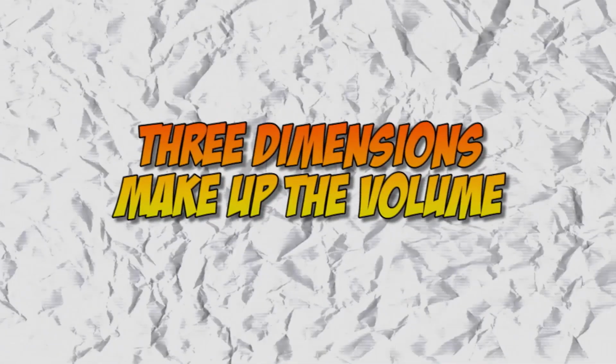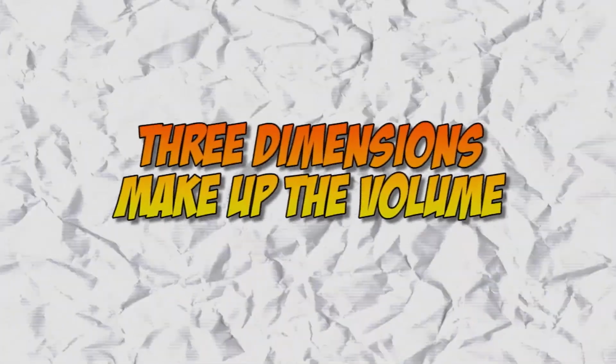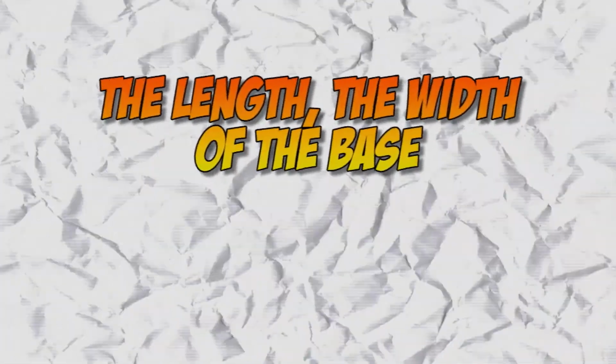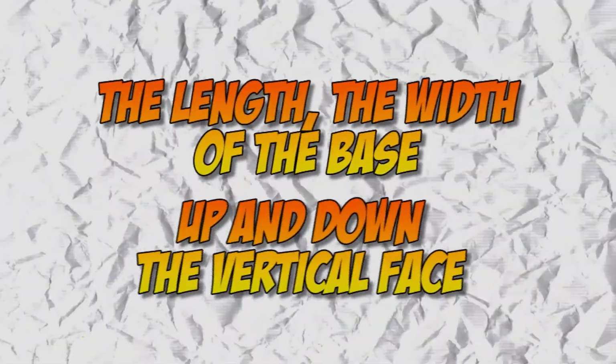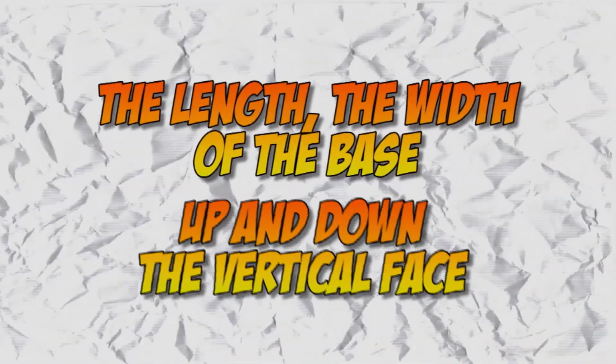When you've got a cubic meter, you can see the room. The 3 dimensions make up the volume. There's more than the length, the width of the base. There's up and down the vertical face.